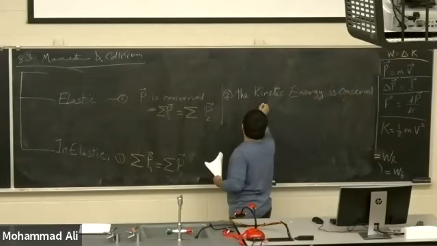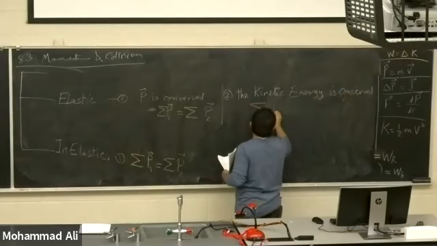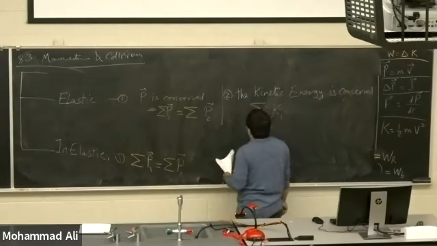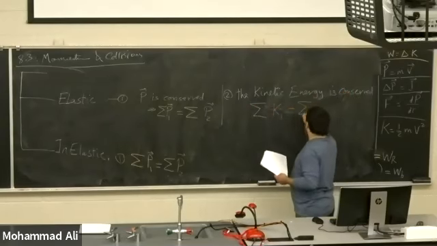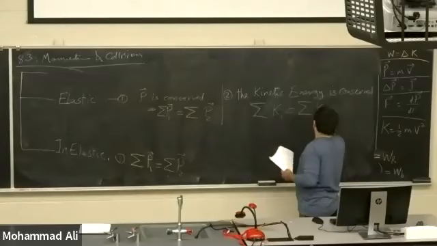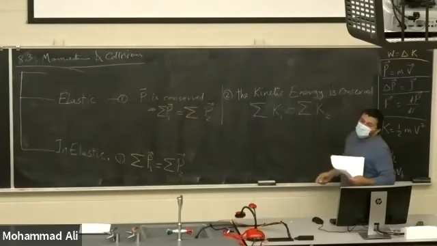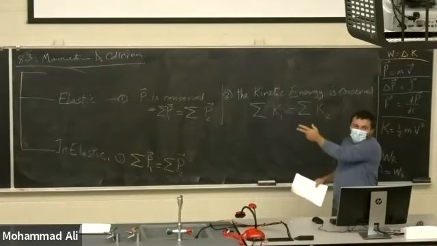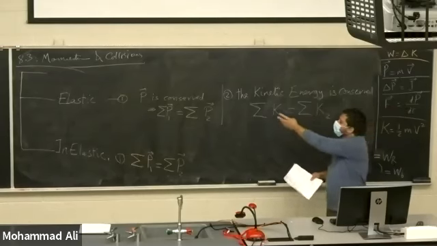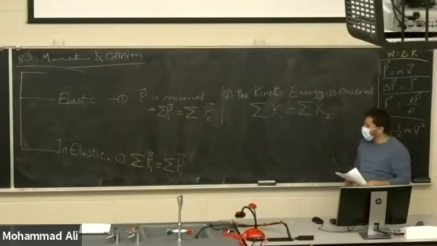It means the total kinetic energy before the collision is equal to the total kinetic energy after. The summation, maybe I have two objects, like ball A and ball B. I add the kinetic energy for them.